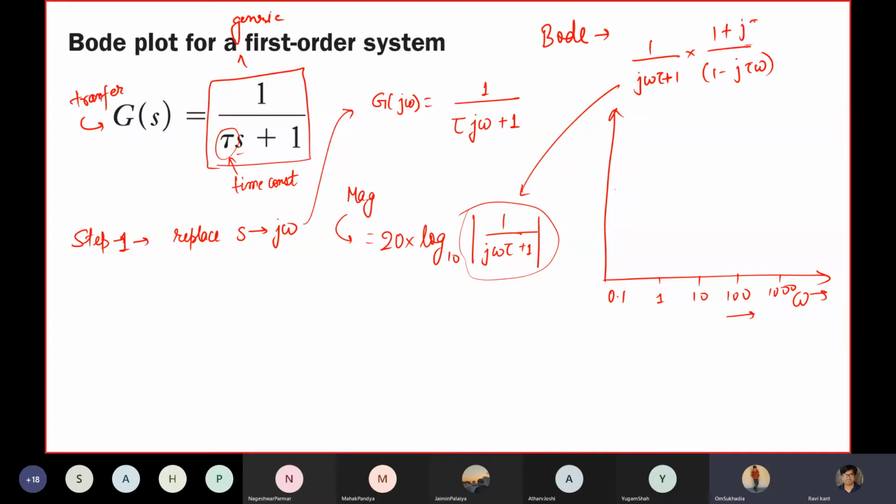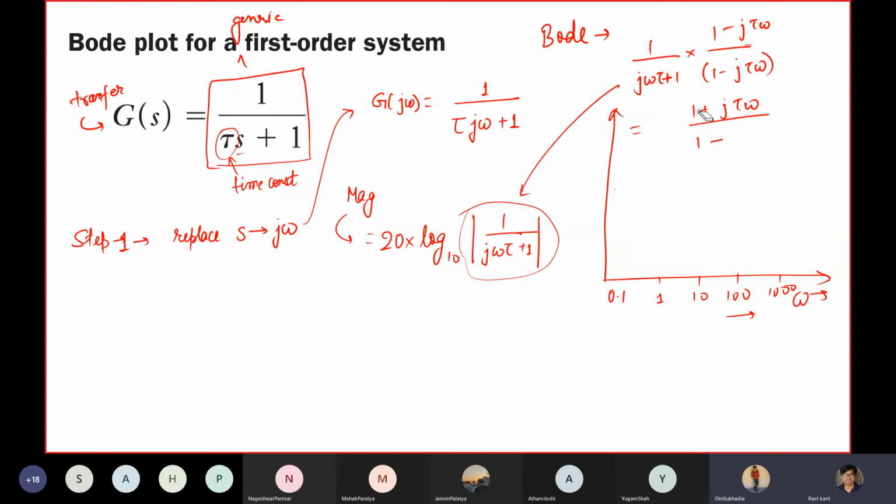In the numerator it will be 1 minus j tau omega.